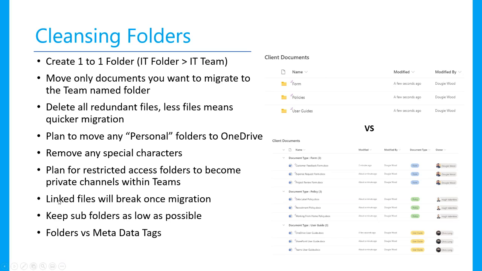The other thing to be aware of is linked files will need to be manually updated once they're migrated. Say, for example, you've got a finance team with multiple Excel files, which are forecasting or something like that, which link to other multiple Excel files. When they get migrated, those linked pathways are obviously still going to be linking to old locations, so the old file server.